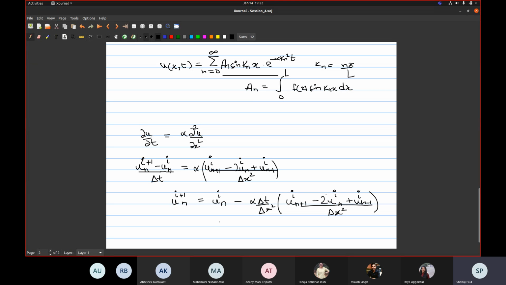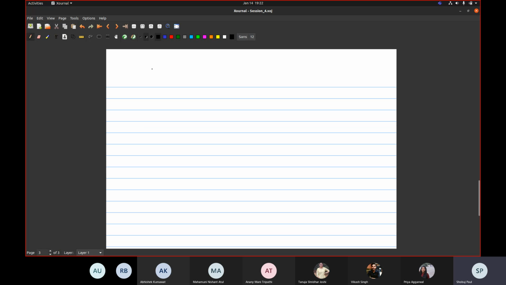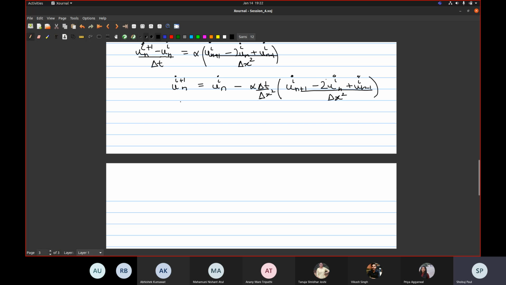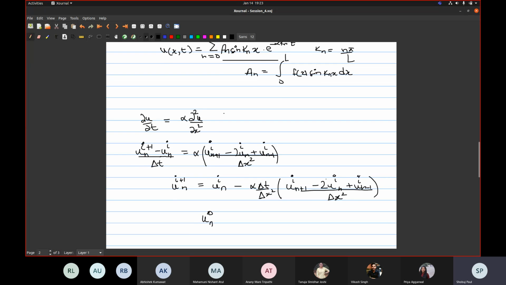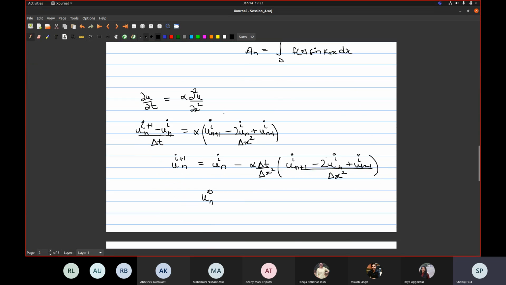Okay. Now let's see what this equation actually means. What this equation means is at u of 0 n, I want to look at my boundary conditions. It is talking at t equals to 0, so my i here should be 0.